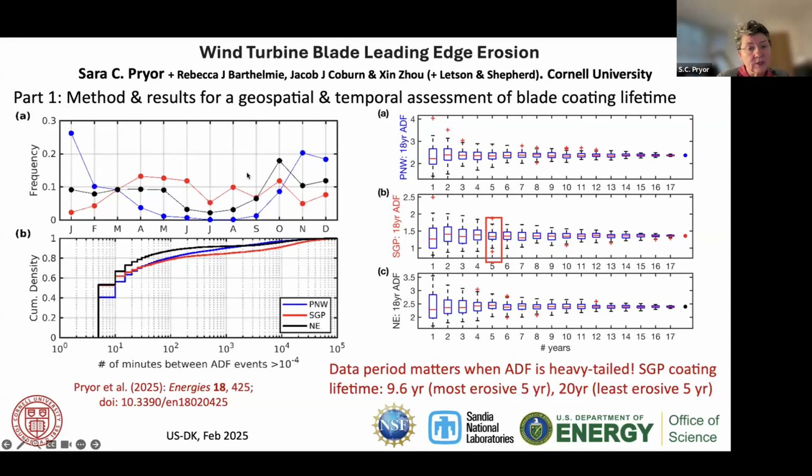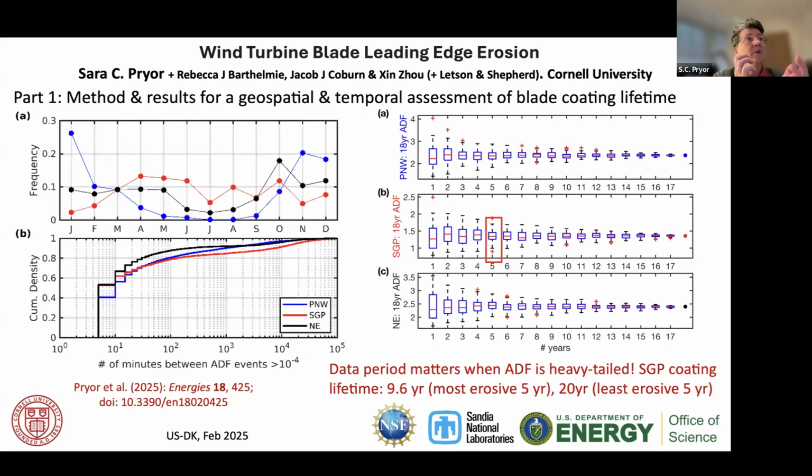It's also worth mentioning that highest electricity prices tend to be slightly offset in time in the Southern Great Plains. So we wouldn't be halting our wind turbines during the periods of highest electricity price generally. We can also think about the focus in time, and in the Southern Great Plains, there's more than a 50% chance that a highly erosive period is adjacent to a highly erosive period.